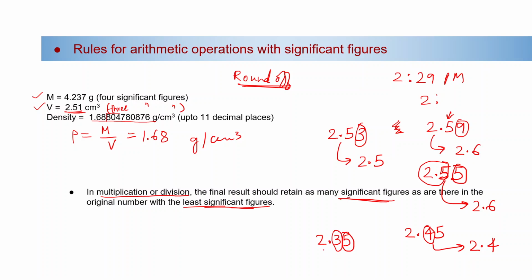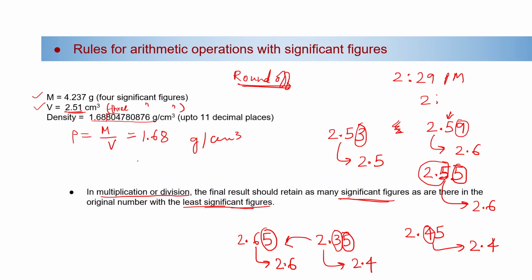Since it is odd, after rounding off, it will become 2.4. If it were 2.65, this is 5, so I'll check if the previous number is odd or even. Since it is even, it will remain 2.6. So these are the rules for rounding off.